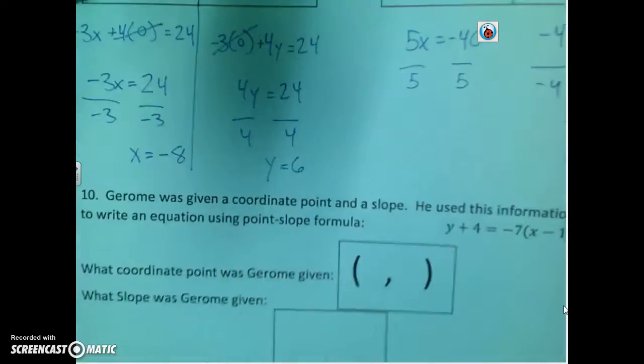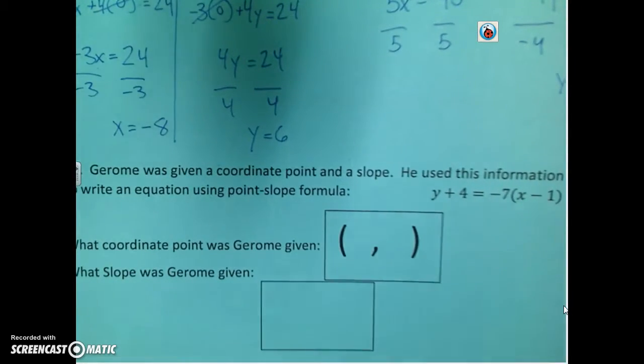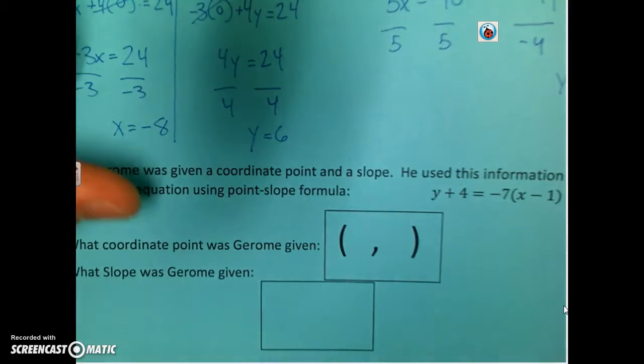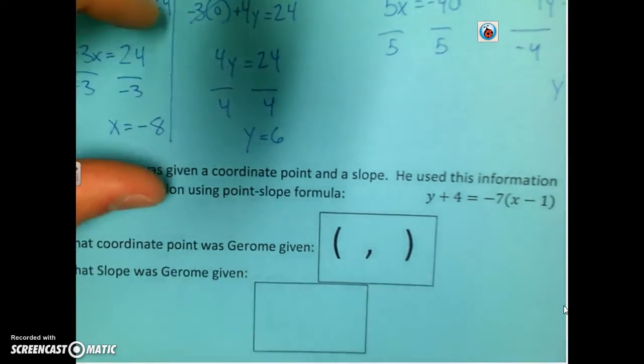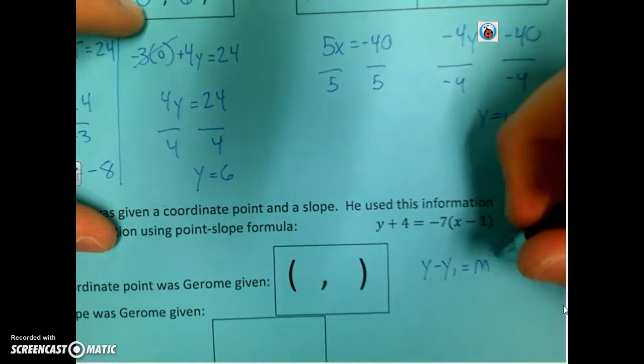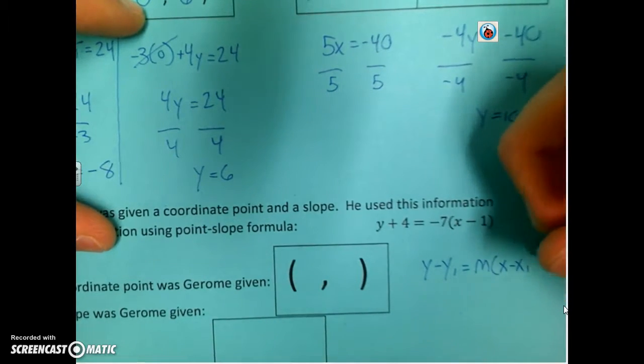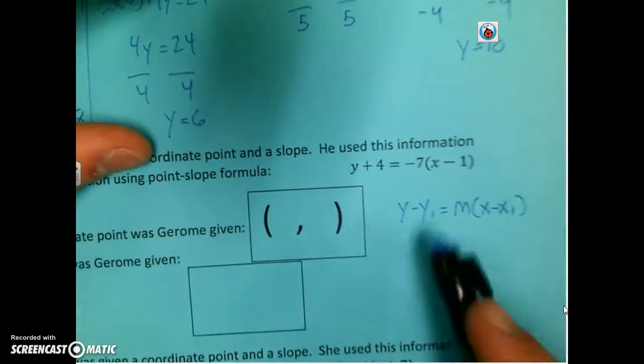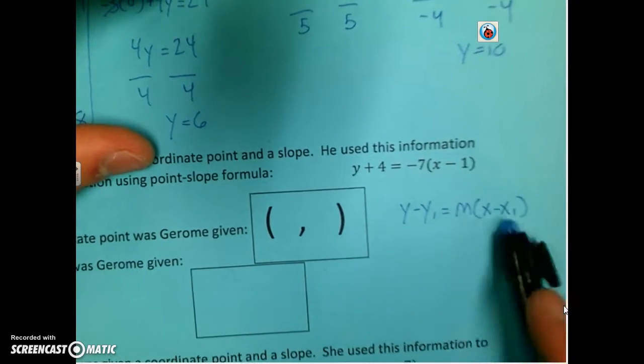Great. So Jerome was given a coordinate point and a slope. He used this information to write the equation in point-slope form. Now I ask, what was the coordinate point that Jerome was given? Remember that the natural formula for this is y minus y1 equals m times x minus x1, and notice how these negative signs are already with the formula.